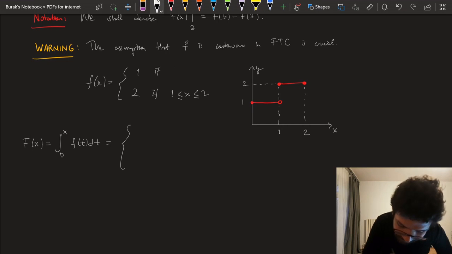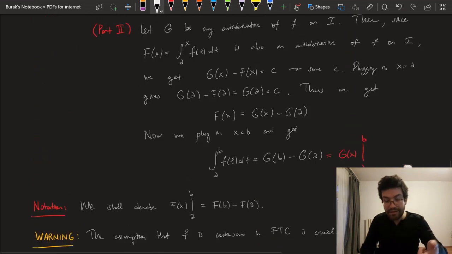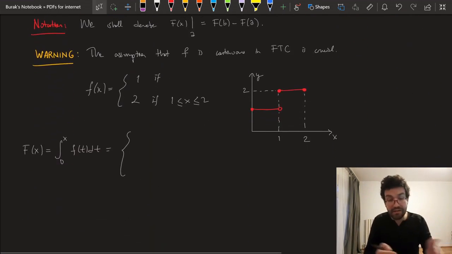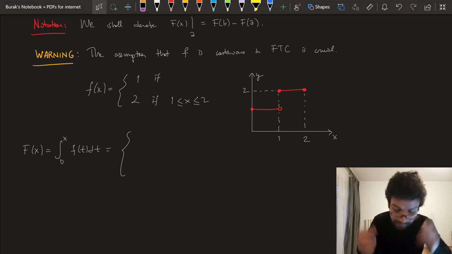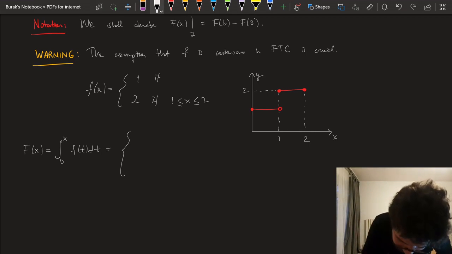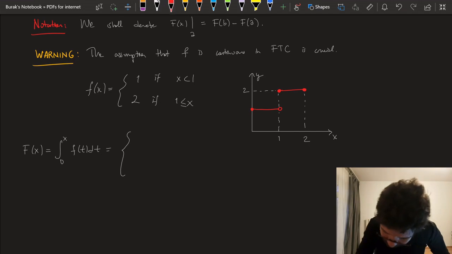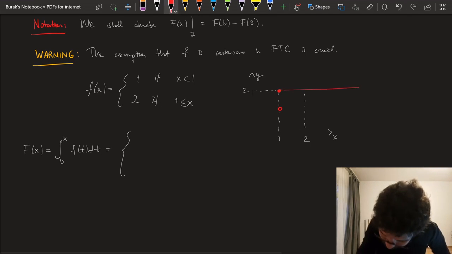I'm going to pretend that this function goes to the left, because in the statement I said that a is inside this interval, but then you're going to object that 0 is not inside the interval 0, 2. So I'm just going to pretend that my function is defined for all x like this.